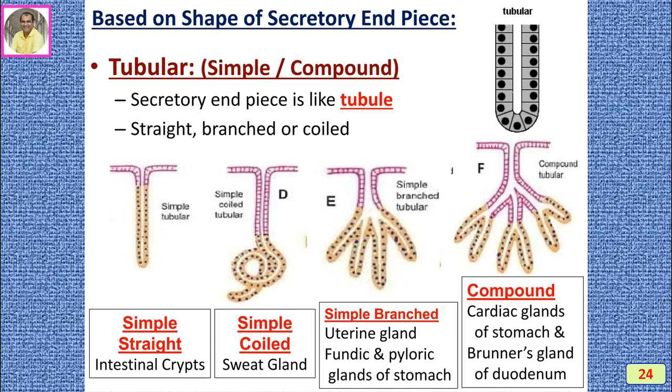The compound glands are the cardiac glands of the stomach and Brunner's glands of the duodenum, which are more and more branched, and these are called tubular glands.